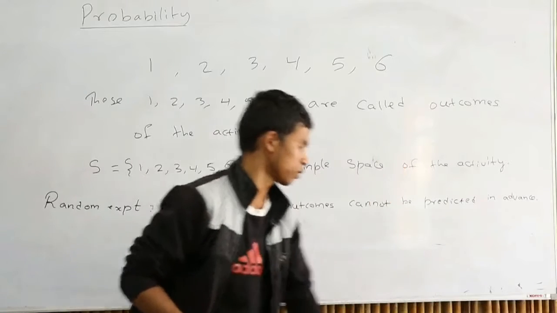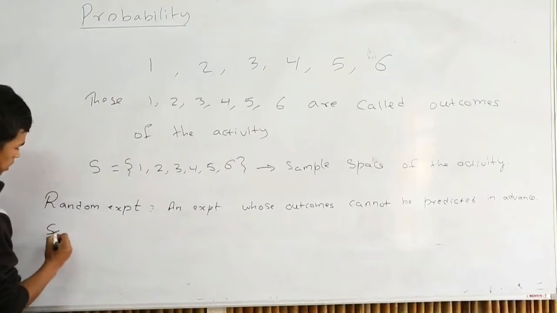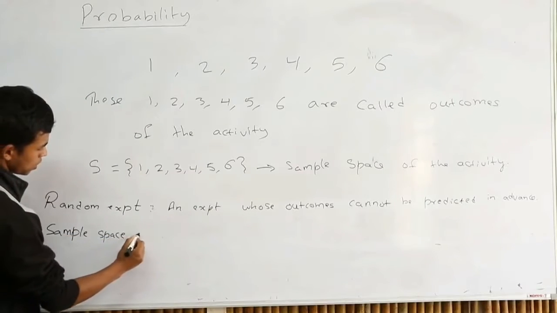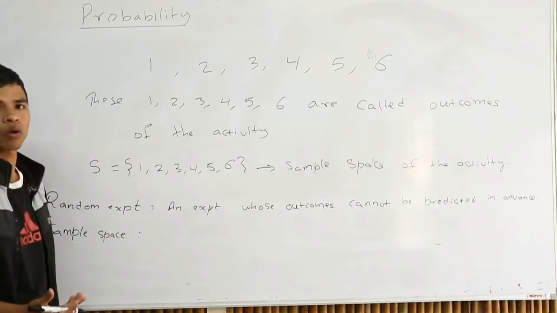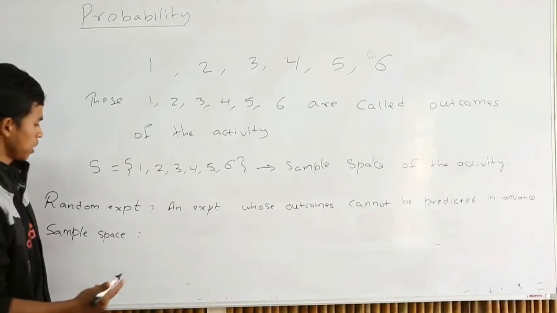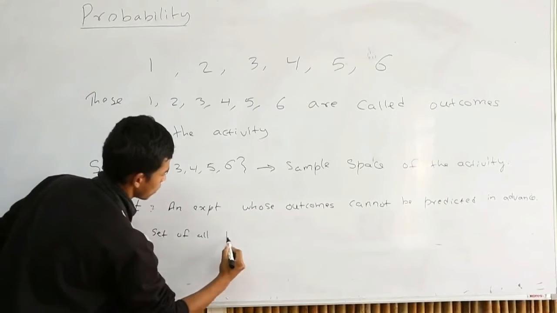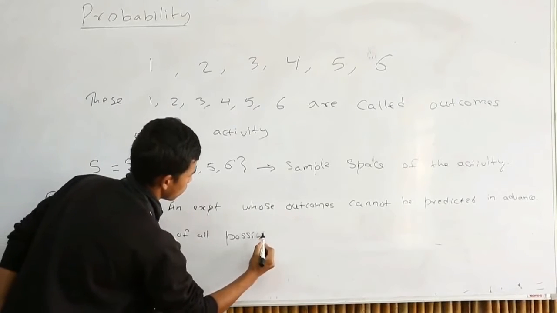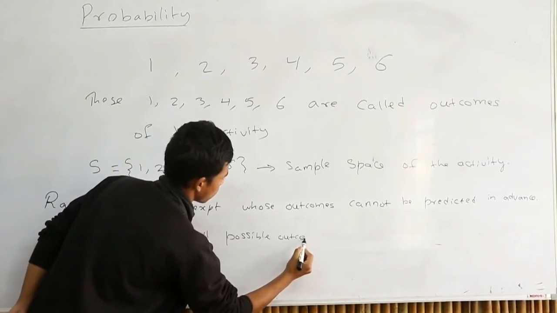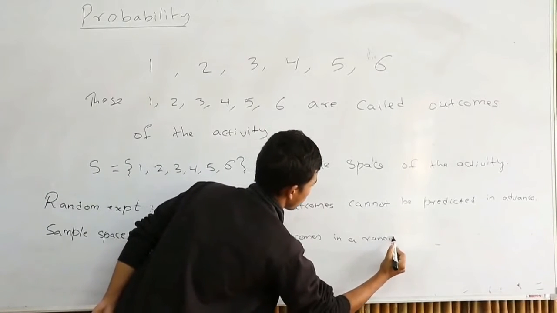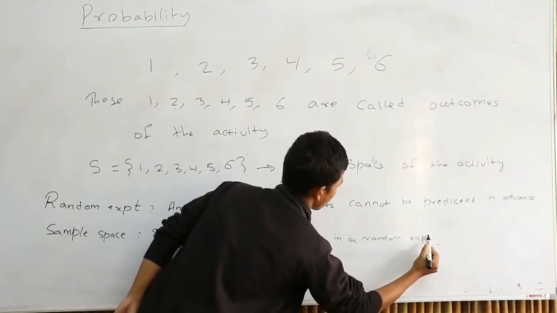So in general, we can define a sample space as the set of all possible outcomes in a random experiment.